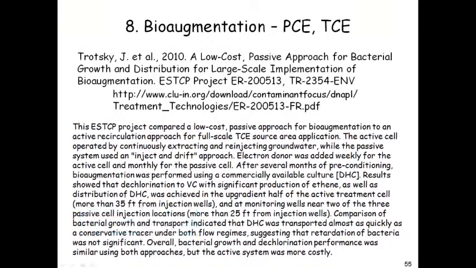Their bacteria were shown to move almost as fast as the conservative tracer, so they did actually move without much retardation. And both approaches seem to conduct the degradation with some success. So there's an example, at least at a pilot scale, of Dehalococcoides assisting in the in situ biodegradation of chlorinated solvents.